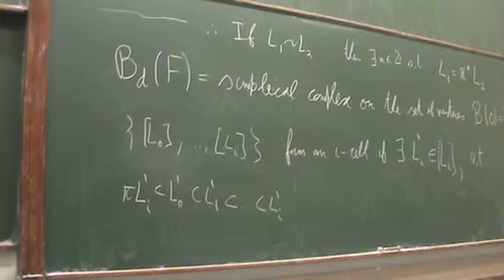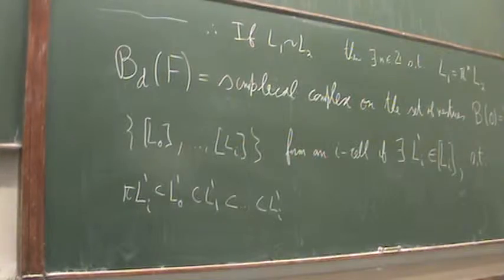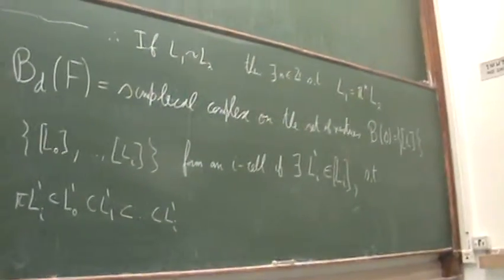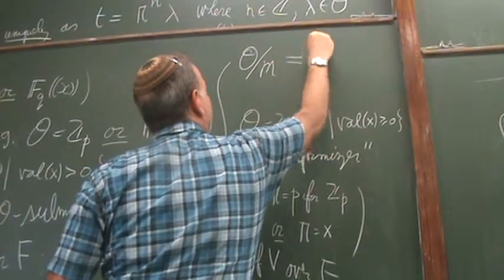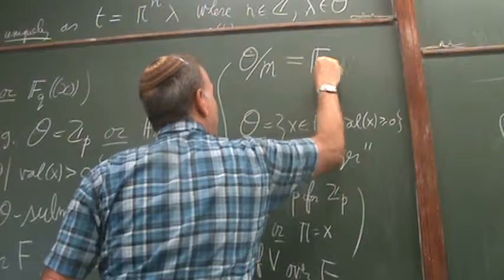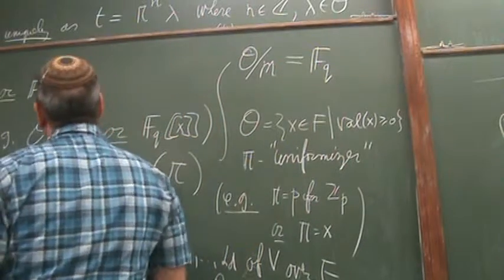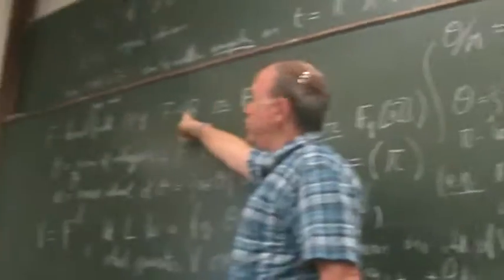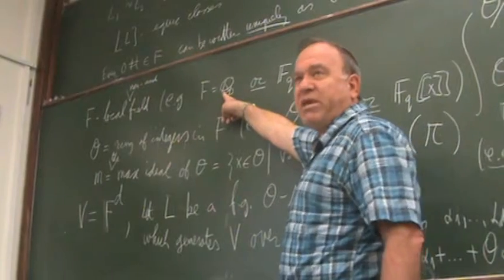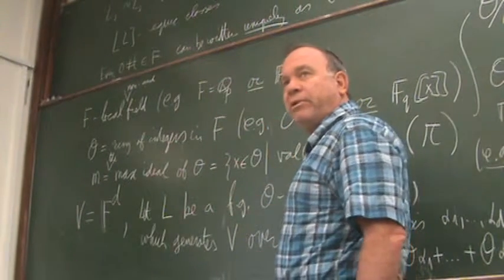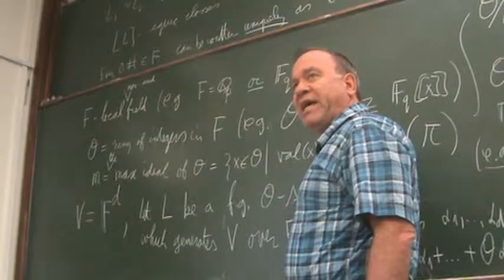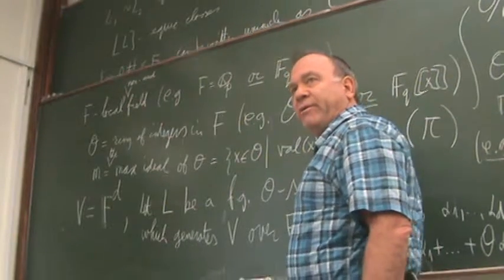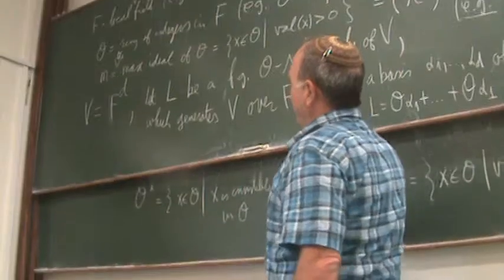Part of the assumption will be the notation that O over m is always a finite field. So let's say that it's F_q. If it's a p-adic number, this is F_p, but I will always use the letter q for what is sometimes called the residue field, the finite field O over m.